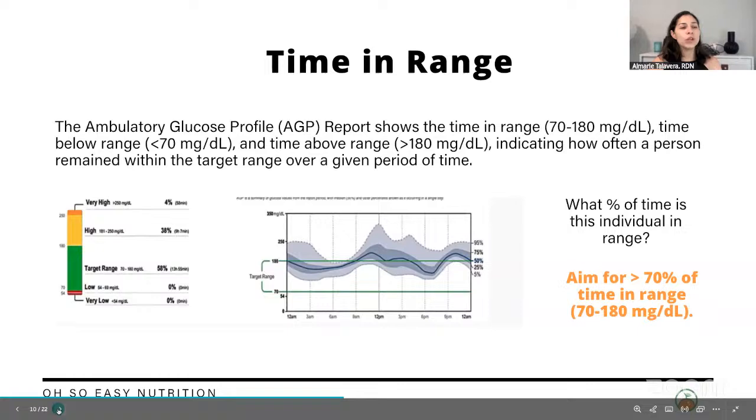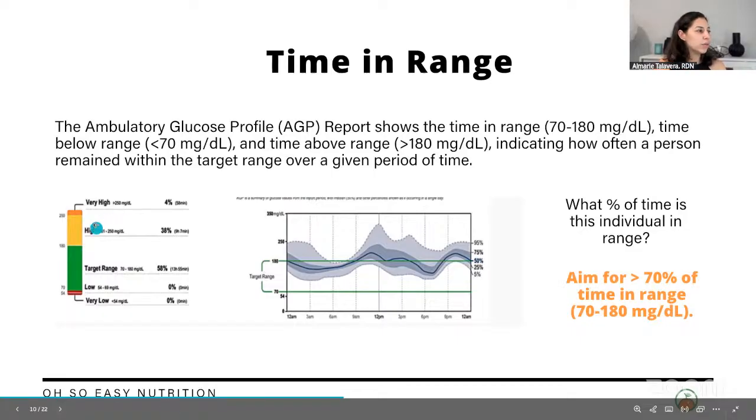Now, when we look at our values in our CGM, I want you to understand that there's something called time in range. And when you work with a dietitian, they're going to ask you, what is your percentage time in range?